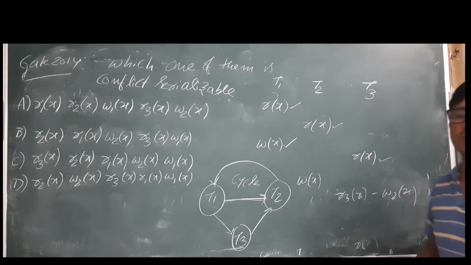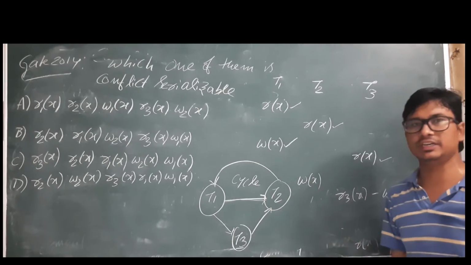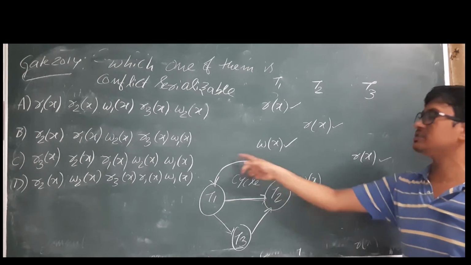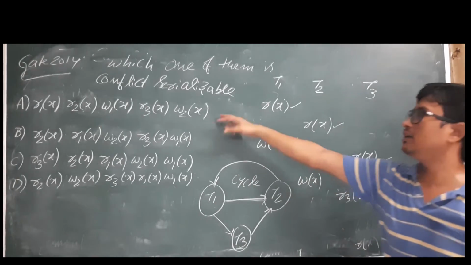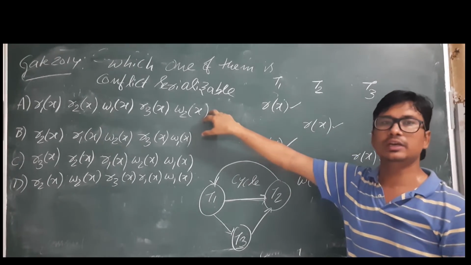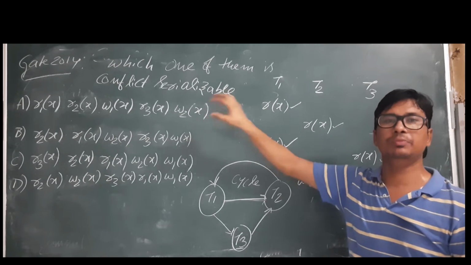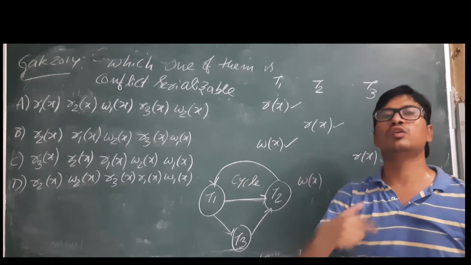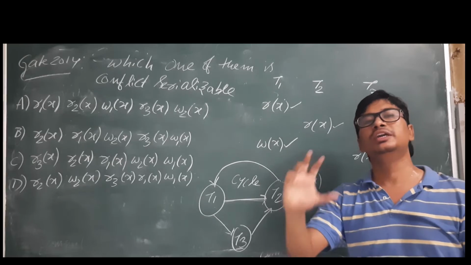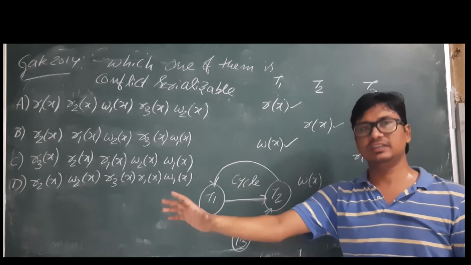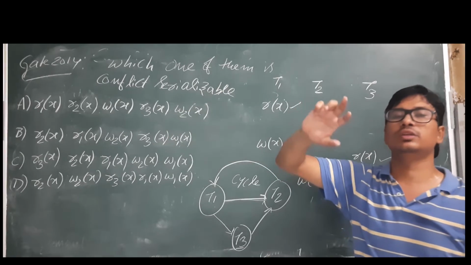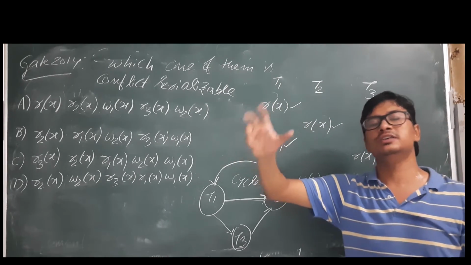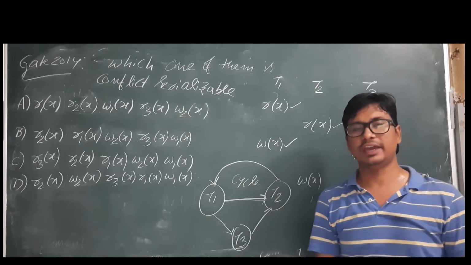As I said earlier, after constructing the precedence graph, if there is a cycle in the precedence graph, then you can say that the given non-serial schedule is not conflict serializable. Meaning it is not conflict equivalent to any of its serial schedules, because we have 3 transactions, so the number of serial schedules possible is 3 factorial, which is 6.